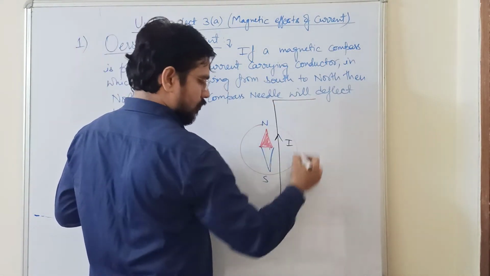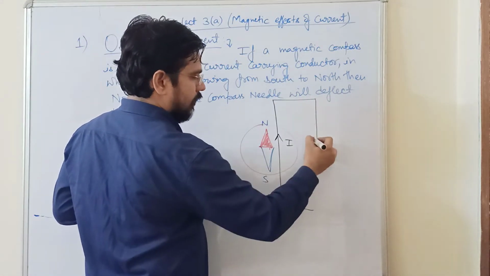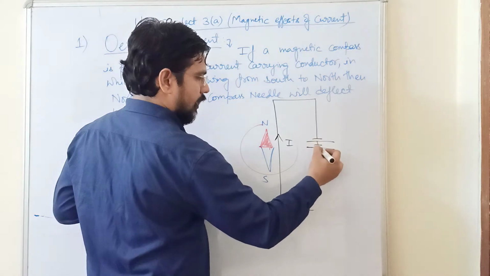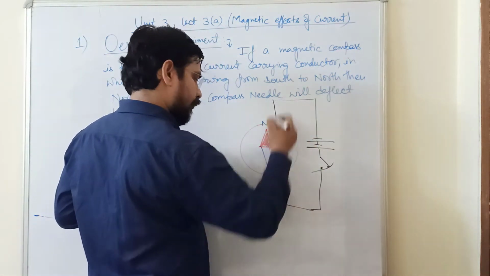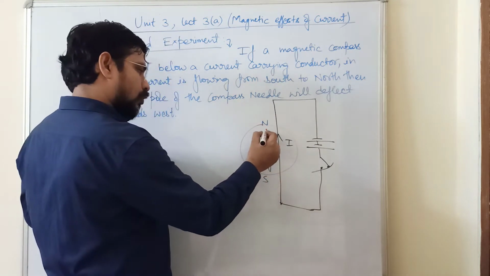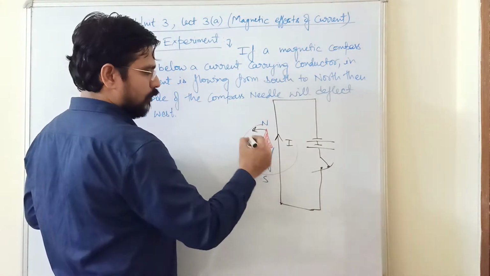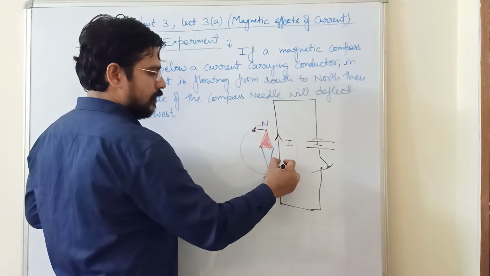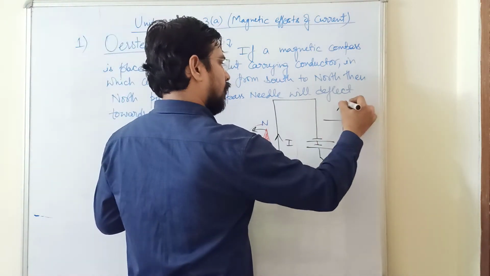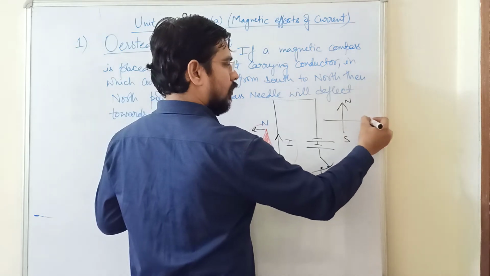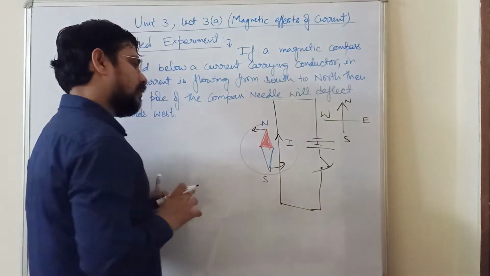When you switch on, it is connected to a battery, and when you switch on the battery, the current flows from south to north direction. Then the north pole of the needle will give you a deflection towards west direction, and south will go towards east. Let me draw the directions for you: north, south, east and west direction.